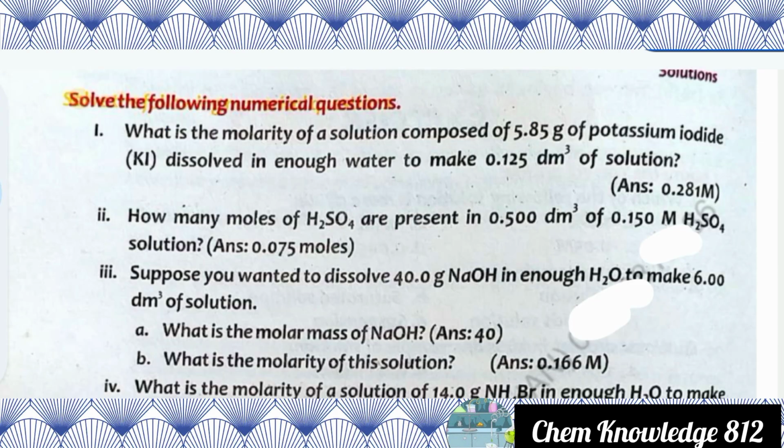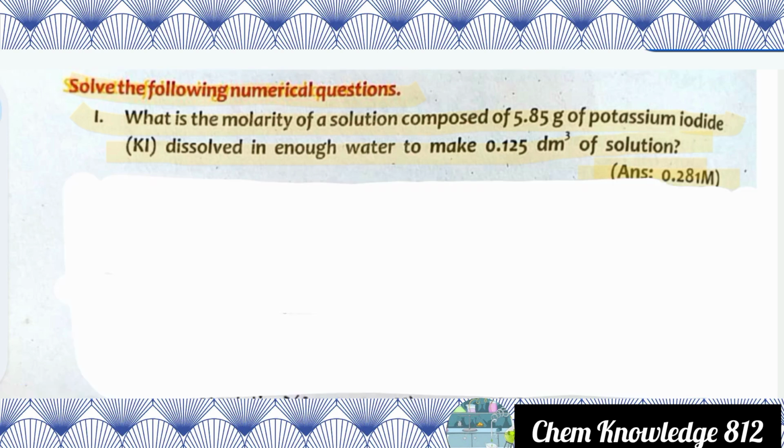The next one is: solve the following numerical questions. First one is, what is the molarity of a solution composed of 5.85 gram of potassium iodide, KI, dissolved in enough water to make 0.125 cubic decimeter of solution? The answer will be 0.281 molar. So how do we get this answer? Let's come towards the calculation.